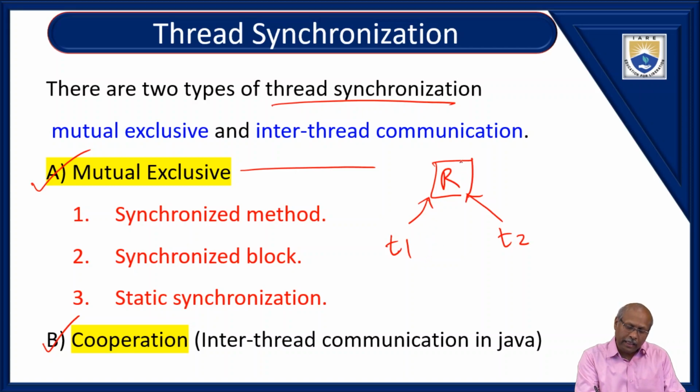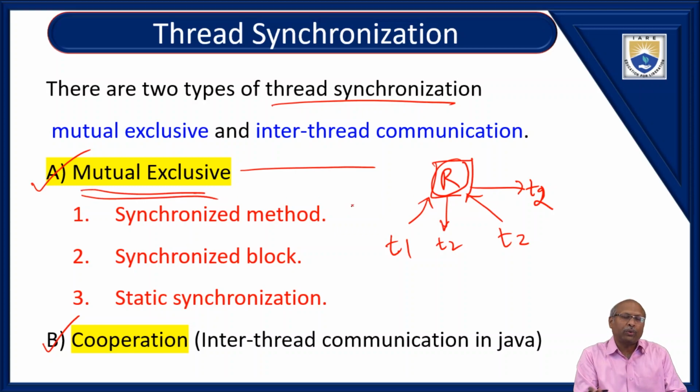If T1 is using the resource R, T2 has to wait. Once T1 comes out, then T2 can enter. Once T2 comes out, then T1 can utilize it. That means at a time only one thread is allowed to utilize the resource. That is called mutually exclusive. If one is there, the other has to wait.